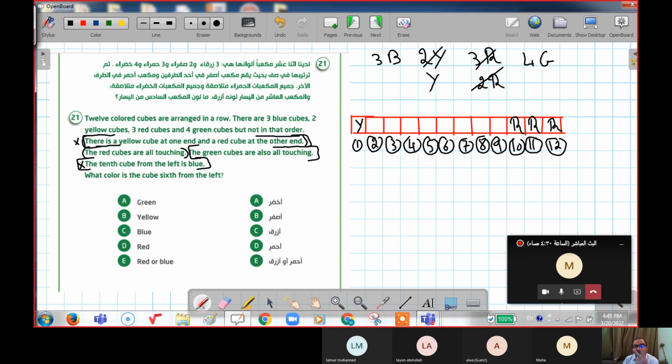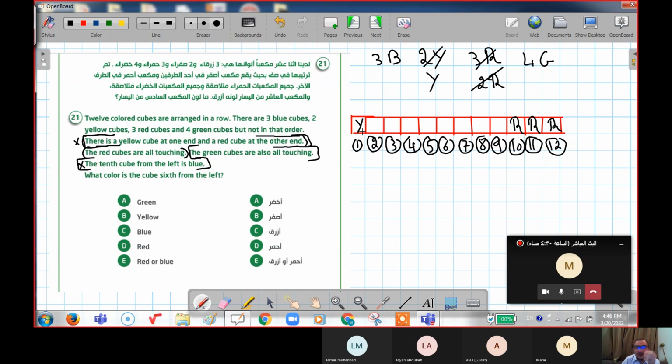So I have two choices here: to put yellow at left and red to the right, or the red to the left and the yellow to the right. I have two choices. One of them is the correct answer. Which one is correct? The yellow to the left or the yellow to the right? In the beginning, I chose, Maha, to put yellow in the left. Okay?